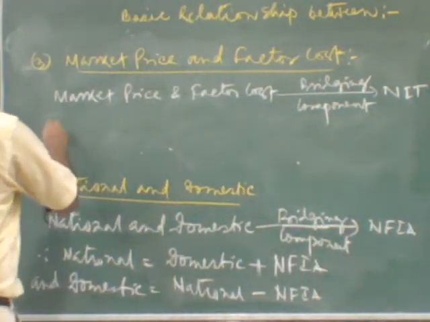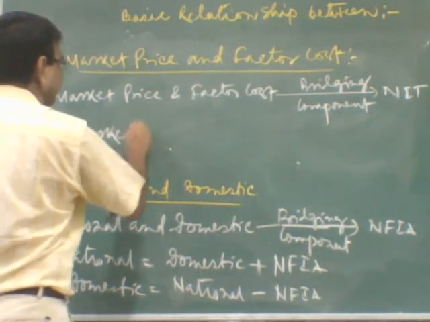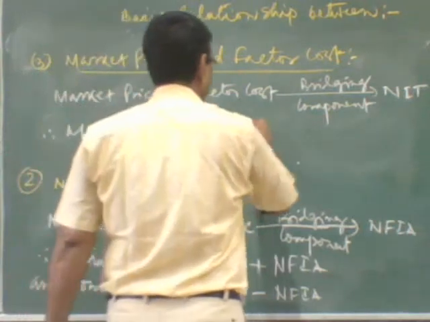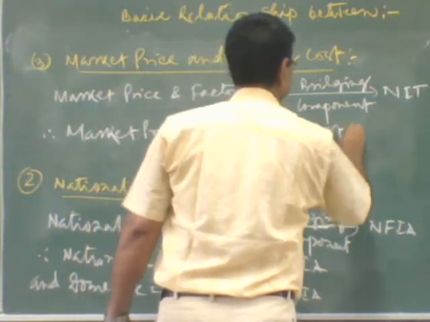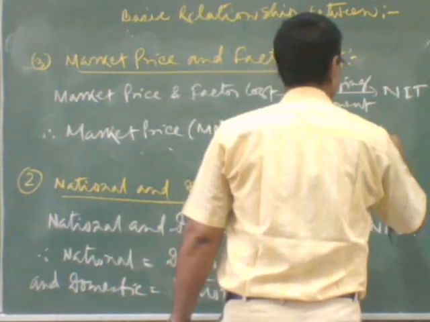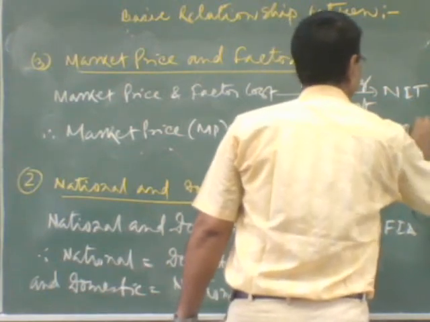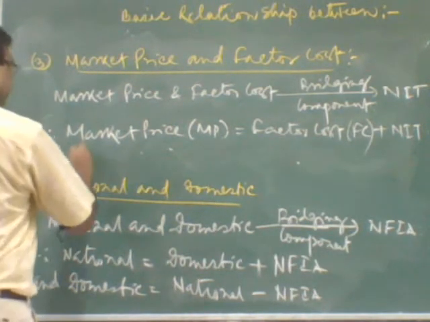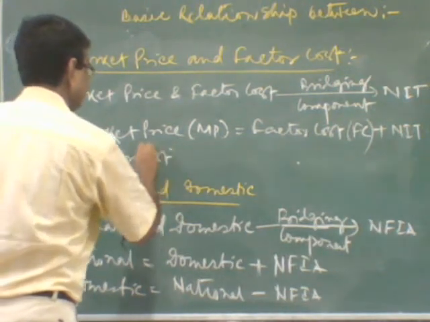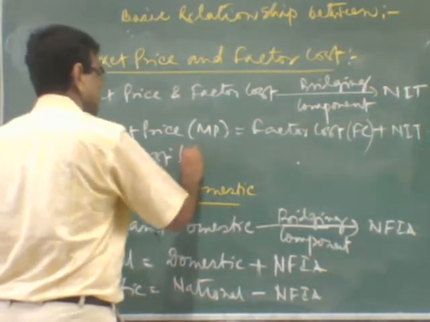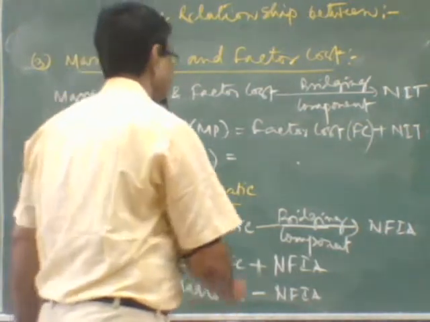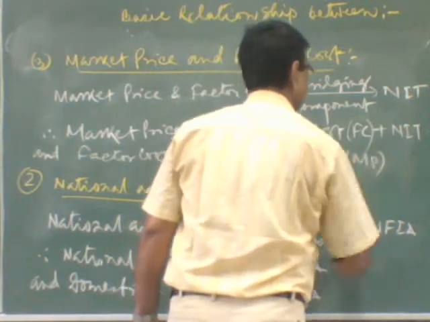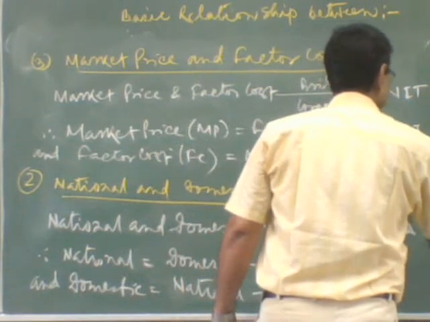Therefore, market price, that is MP, is equal to factor cost, that is FC, plus NIT, and factor cost, that is FC, is equal to market price, that is MP, minus NIT.